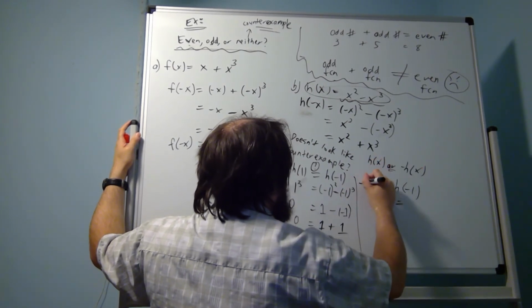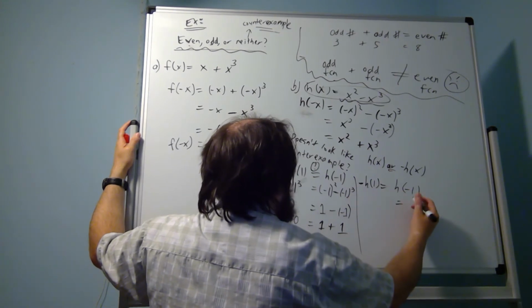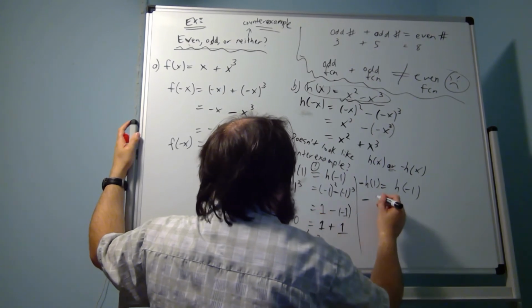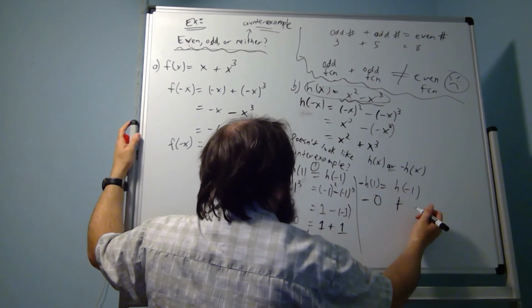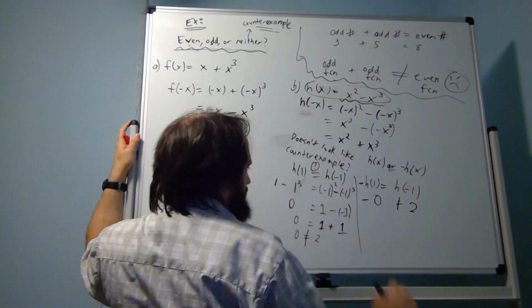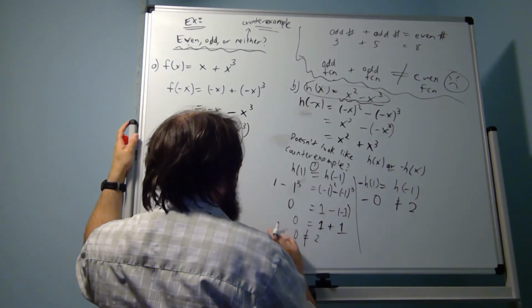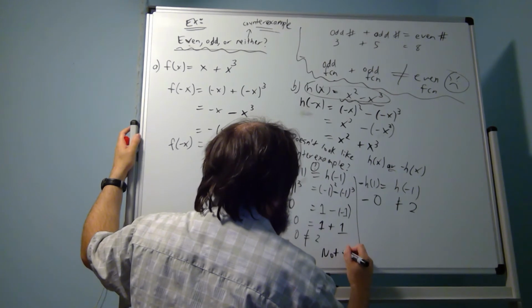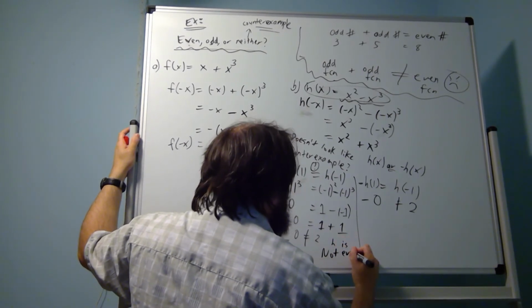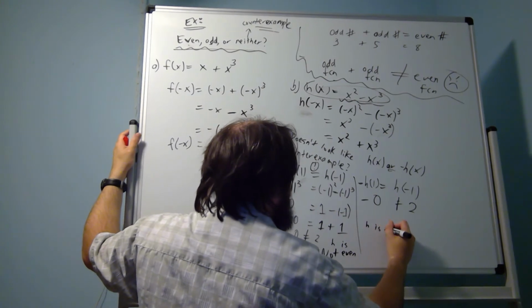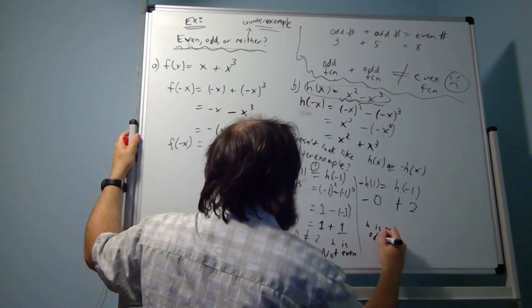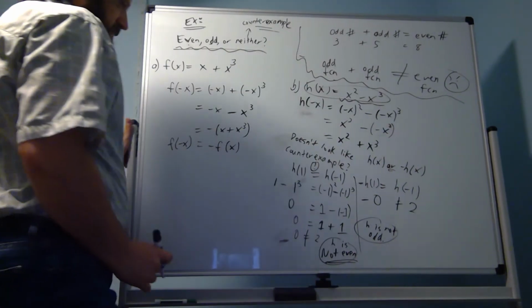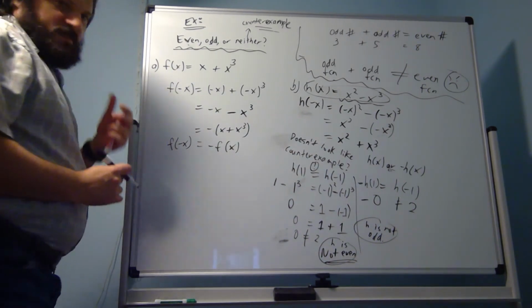Let me make room for the minus at least. H of minus 1, we already saw that that's equal to 2. And do we get this with plus or minus? We don't get either. So H is not even and H is not odd. So H is neither. That's it for that one.